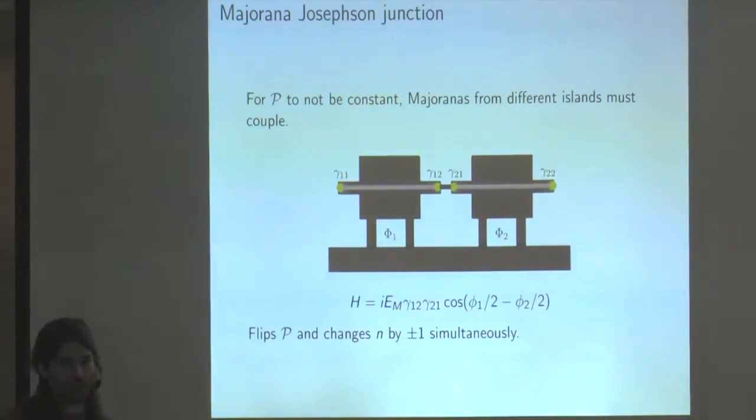This term, cosine phi 1 over 2 minus cosine phi 2 over 2, brings a single charge e from one island to the other in either direction. So once again, since this is a physical term, it has to satisfy the constraint, namely that the fermion parity of the Majoranas has to equal the charge parity.